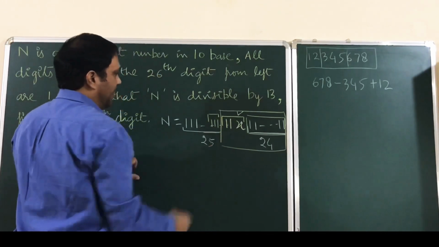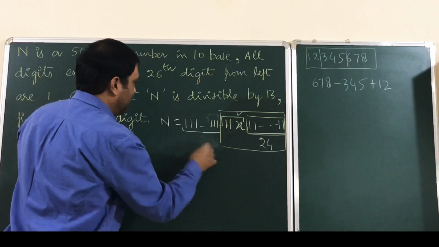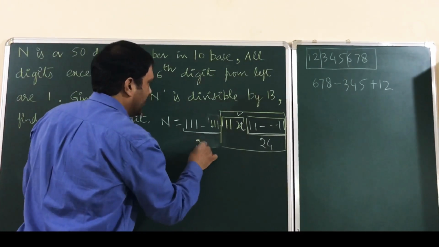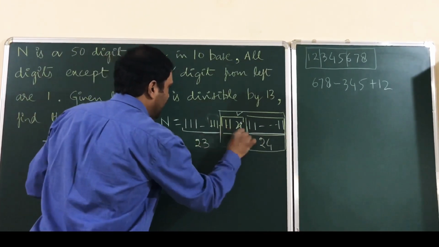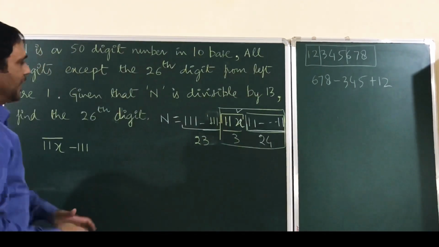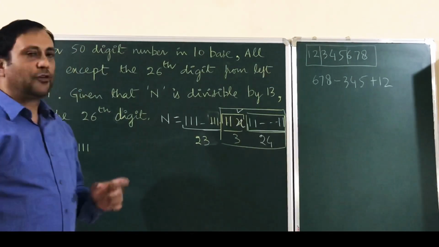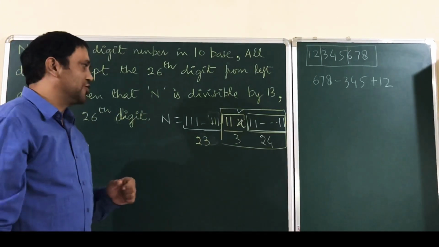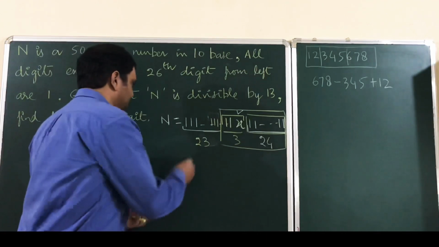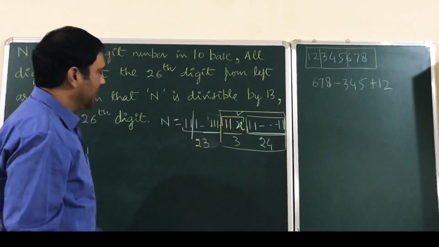After that, how many ones are remaining? 23 ones are remaining now. And if you make blocks of 1, 1, 1 from those 23 ones, you can make 7 such blocks, and after that you will see that 2 ones are remaining.